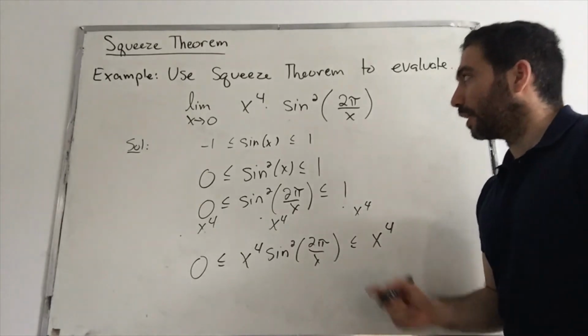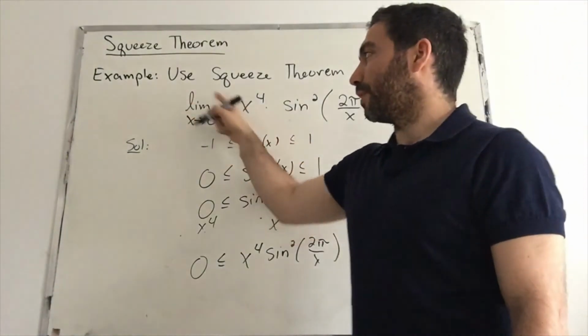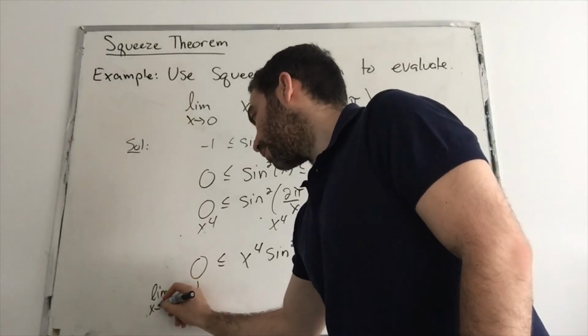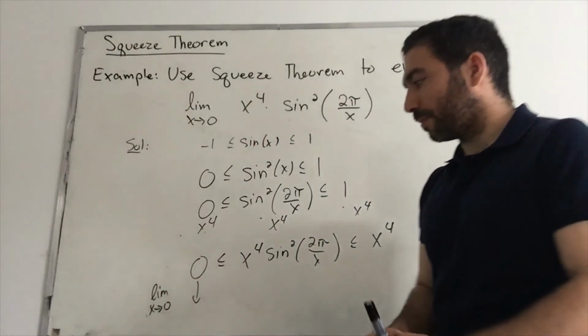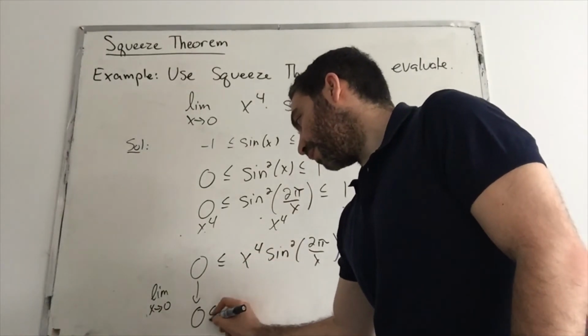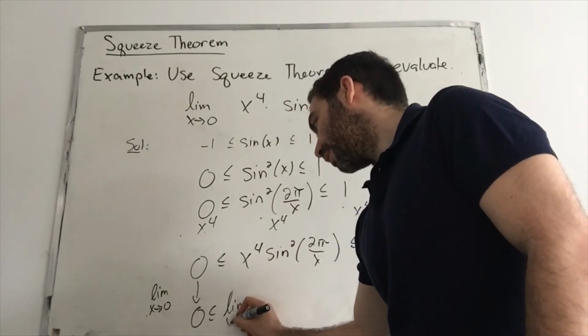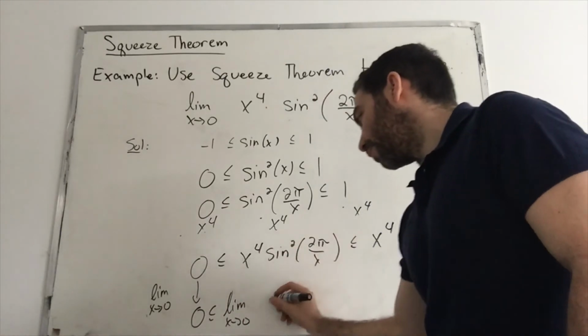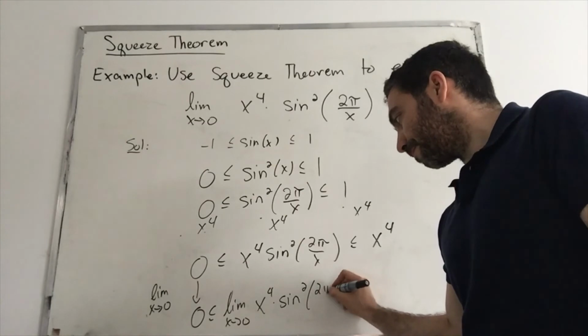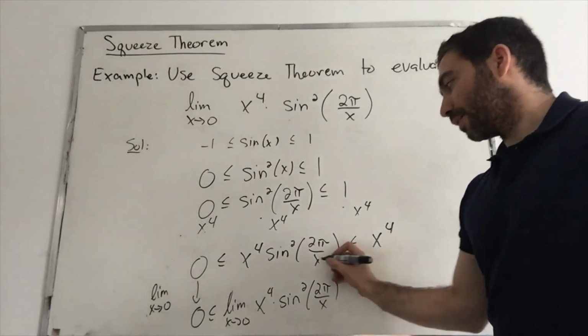And now we're just going to take the limit as x goes to 0 on all three sides. So here if we take the limit as x goes to 0, this is the constant property. There's no x's in here, so it just remains as 0. Less than the limit as x goes to 0 of this whole thing, which we cannot evaluate. Direct substitution doesn't work in this case because we're dividing by x.